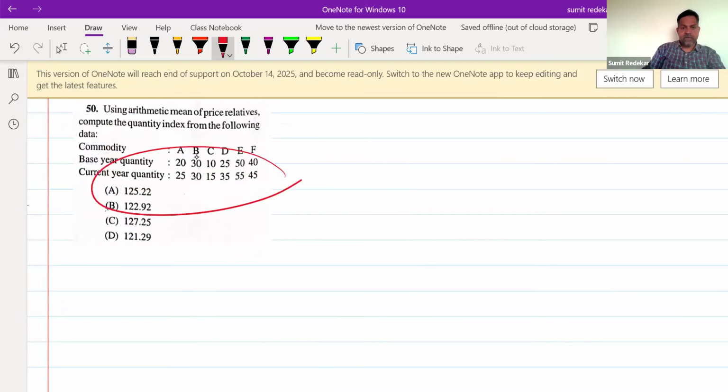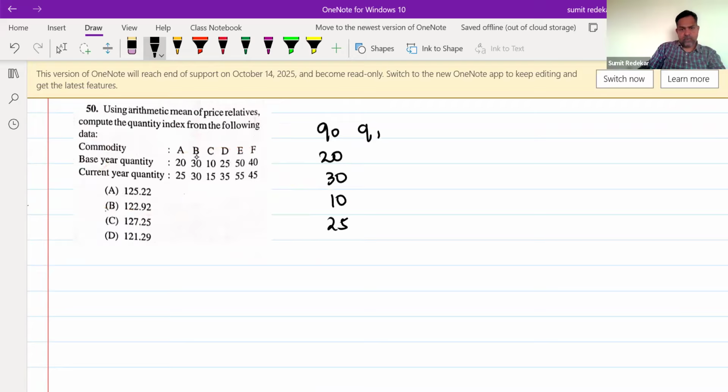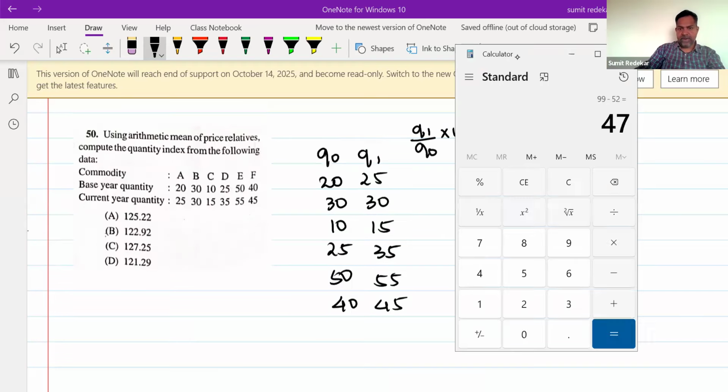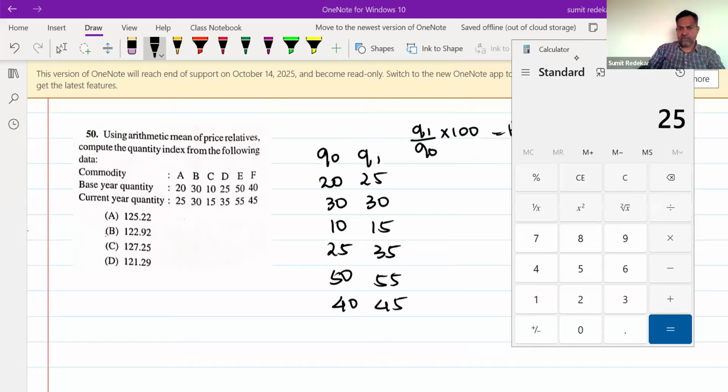Quantity दिया उन्होंने सिर्फ, बस प्राइस रिलेटिव से क्वांटिटी इंडेक्स निकालना है. तो लिख लेते पहले Q0, Q1, 20, 30, 10, 25, 50, 40, 25, 30, 15, 35, 55, 45. तो आपको पहले तो प्राइस रिलेटिव निकालना पड़ेगा, विच इज Q1 अपॉन Q0 इंटू 100 is your price relative. So to do that, it is going to be 25 and memory को clean कर देता हूँ.